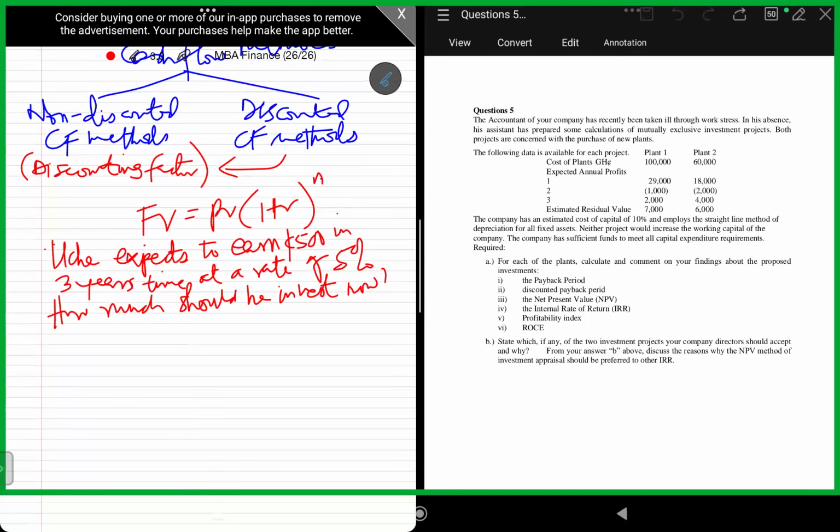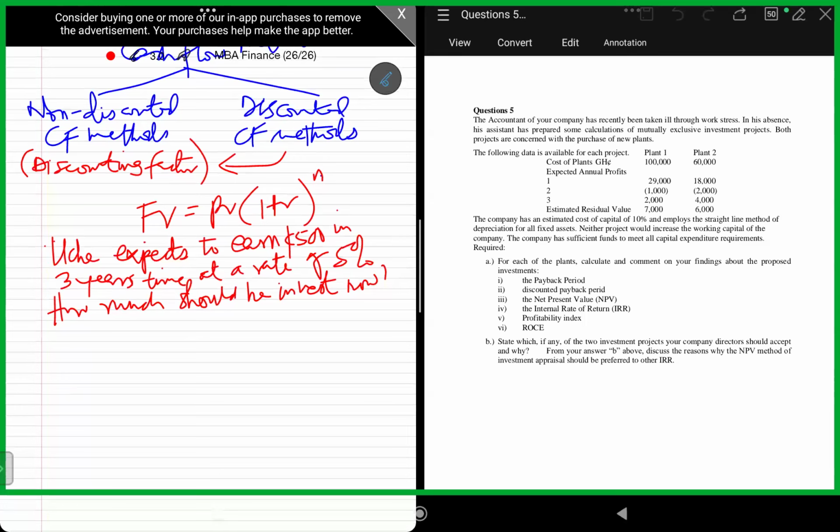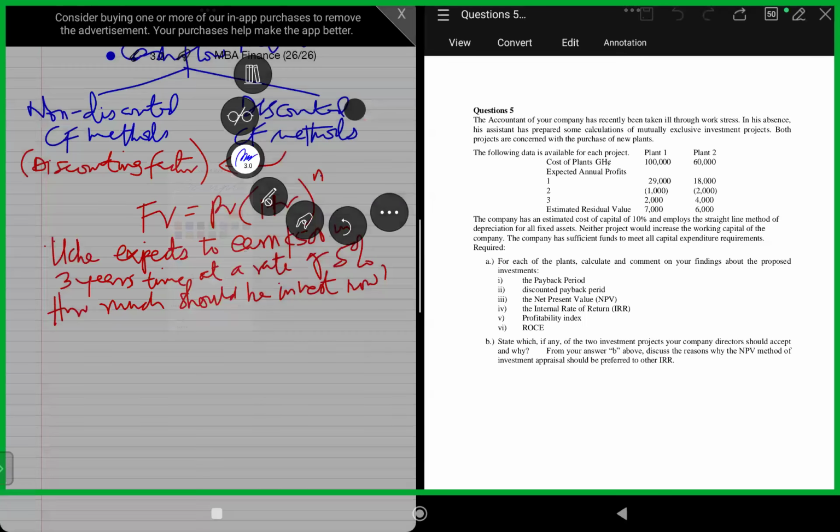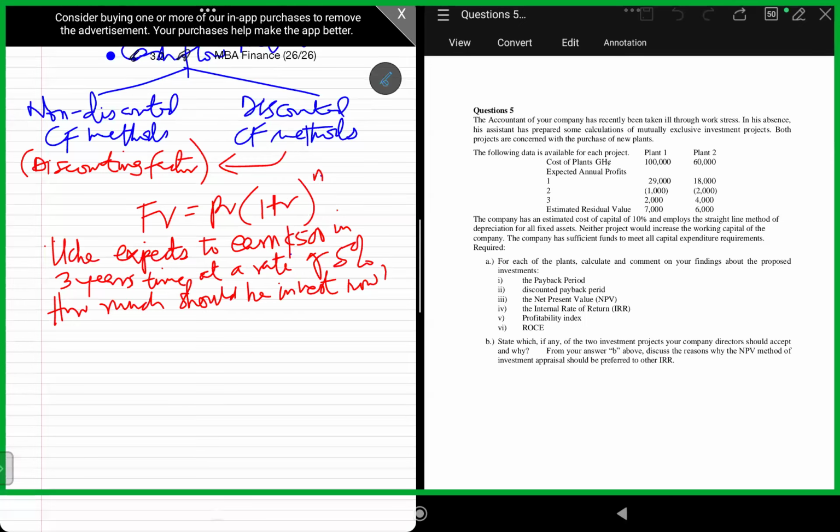Now, the figure of 500 cedis: when does Uche expect to earn it? In 3 years. Is it future or present value? It's in the future, so the 500 is the future value.